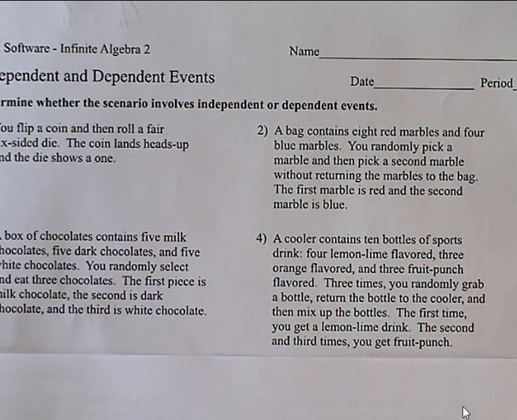We want to know the probability that the first time we get lemon lime, and the second and third times we get fruit punch.